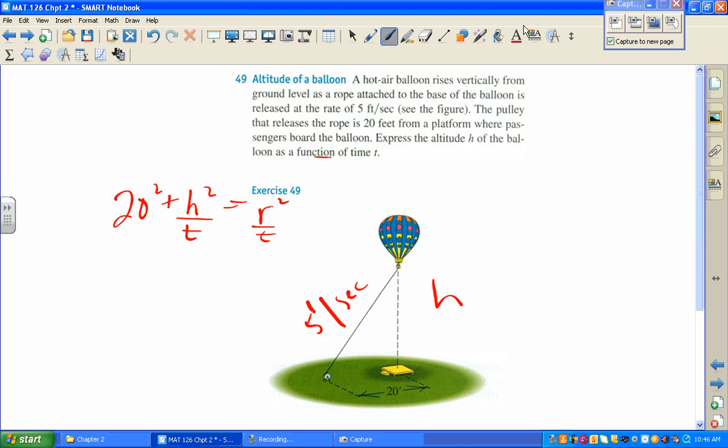So express h as a function of time. So I'm going to subtract this over the 20, of course. Okay. So you have h squared over t equals. Let's see. That distance is 5 minus 20 squared.